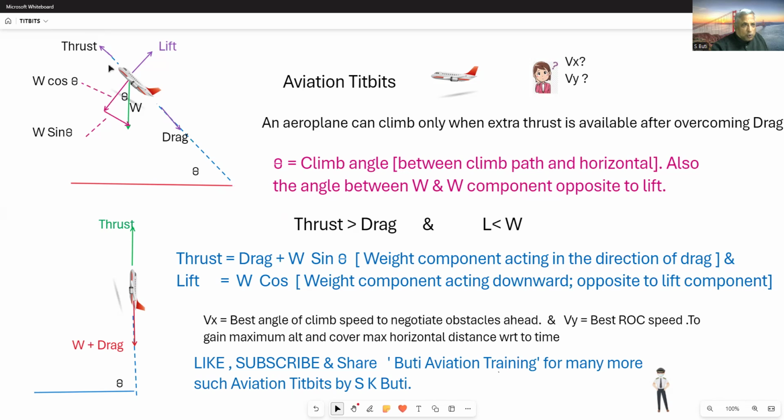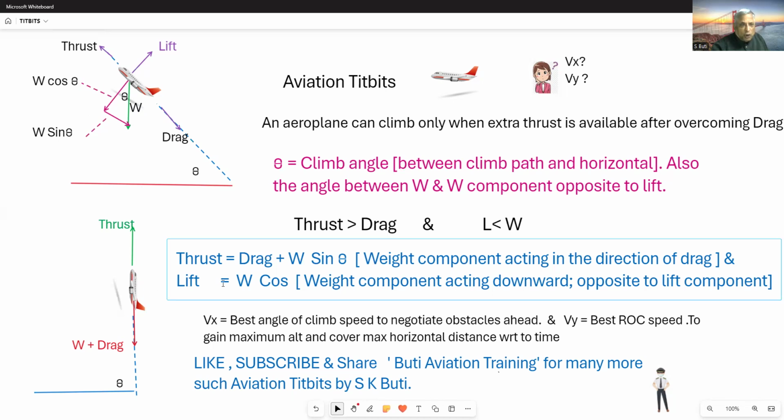The thrust has to look after not only the drag, plus this part which is acting backward towards drag. So total thrust required is drag plus W sine theta. That is the weight component acting in the direction of drag.